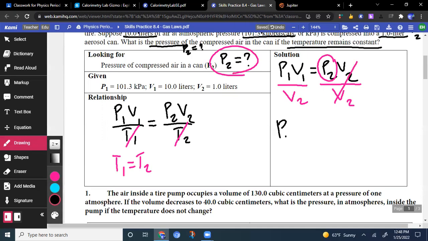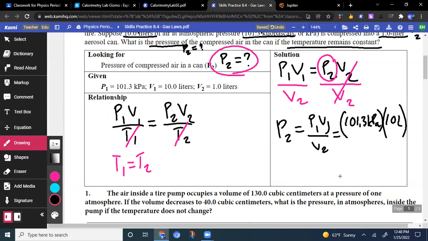So P2 would be P1 V1 over V2. Plugging in, P1 would be the 101.3 kilopascals times volume 1, which is 10 liters, divided by volume 2, which is 1 liter.